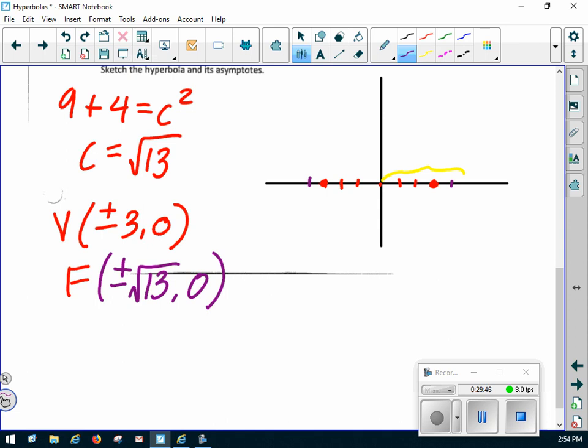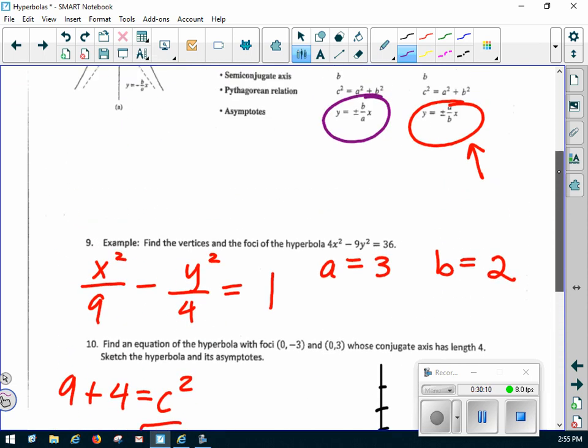Now the question is, can we draw this beast? Of course we can draw this beast. 1, 2, 3, 4, 1, 2, 3, 4. Okay, and we said that there were the vertices. Now, go back right here.